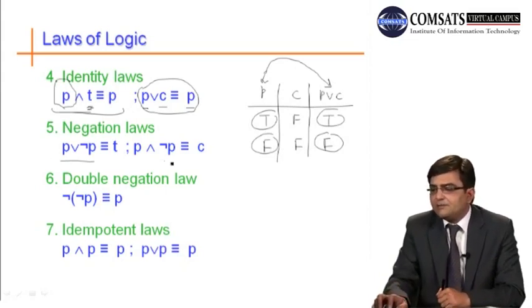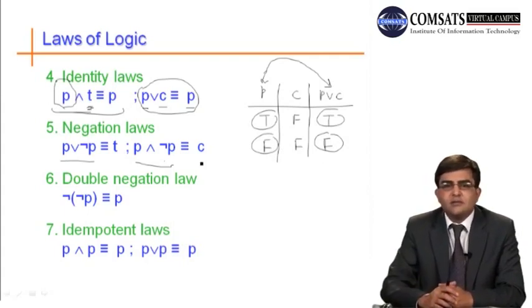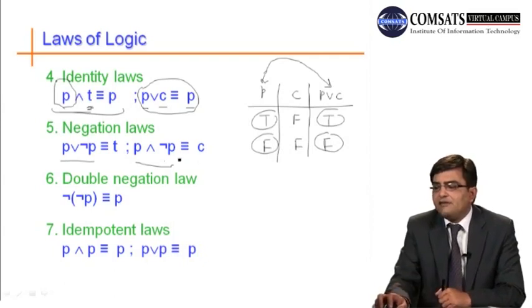Similarly, the other negation law states that P and not P is always a contradiction. We can also prove this equivalence using a truth table, but it is obvious here: if P is true, not P is false, and if P is false, then not P is true.